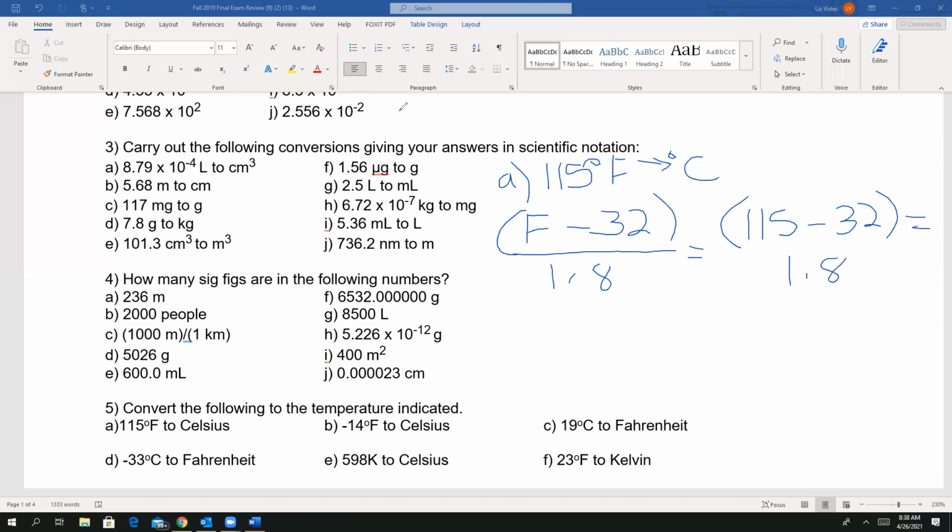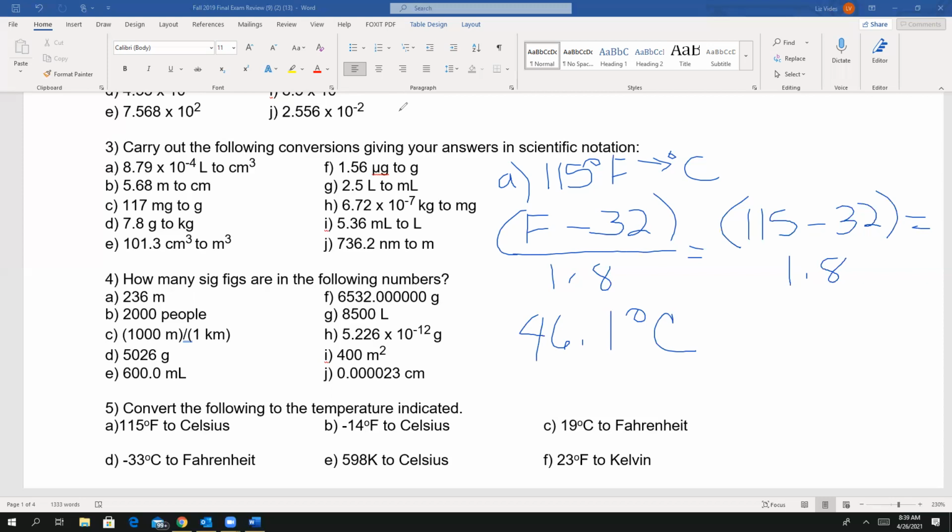That's going to give us, in my calculator, 46.1 degrees Celsius. Okay, there you go.